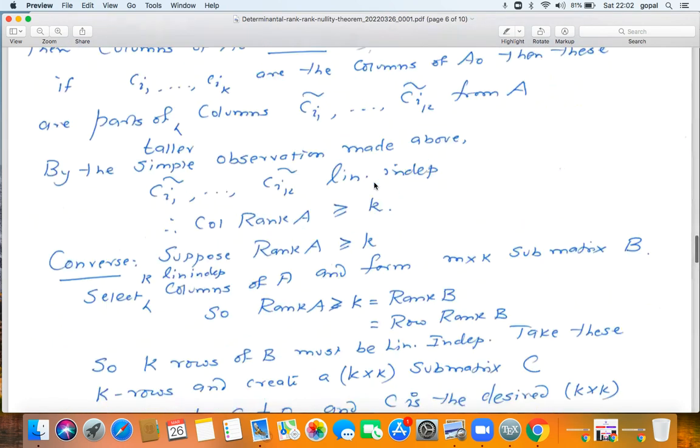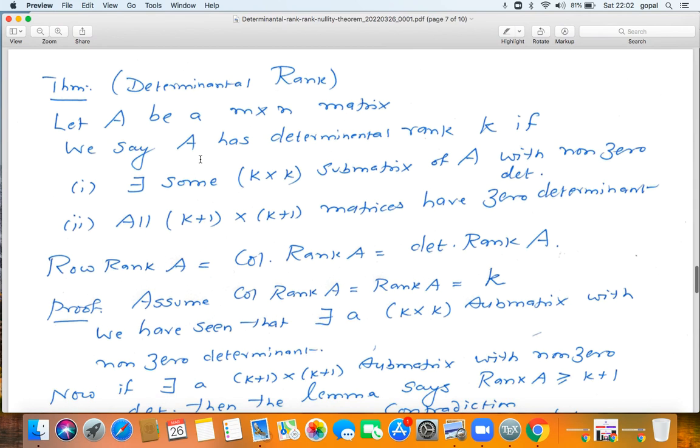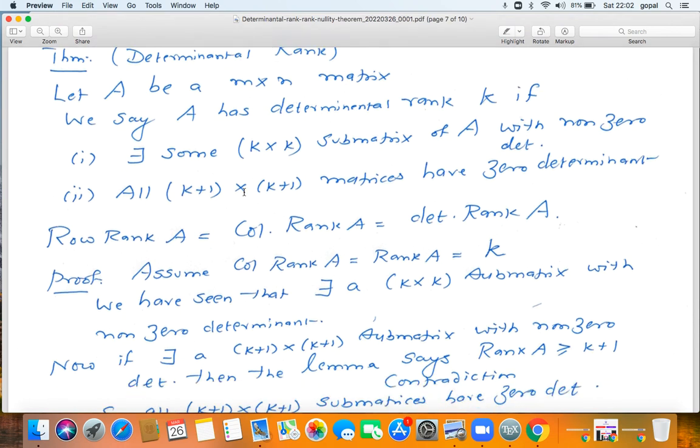Conversely, suppose A is an n cross n matrix with the property that some K by K submatrix has non-zero determinant, and all K plus 1 by K plus 1 submatrices have zero determinant. Then the rank of A must be exactly K.